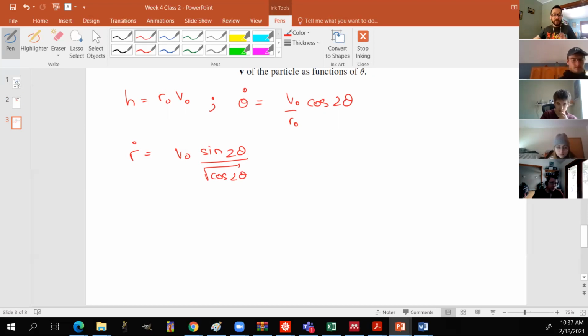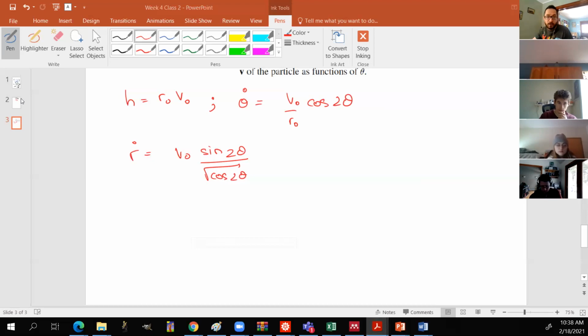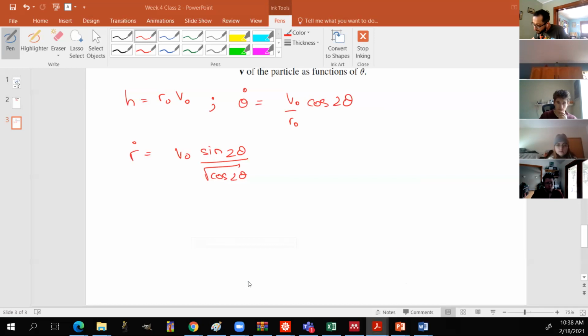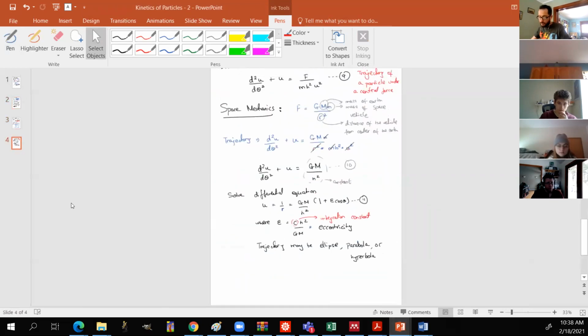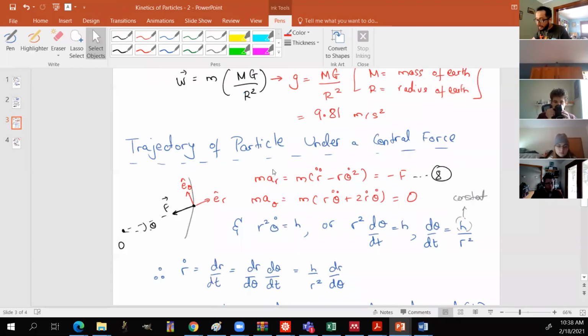Okay. So now, in order to relate it to our central force, the only expression I need to worry about when I'm trying to look at the force is this expression number 8 over here, right?